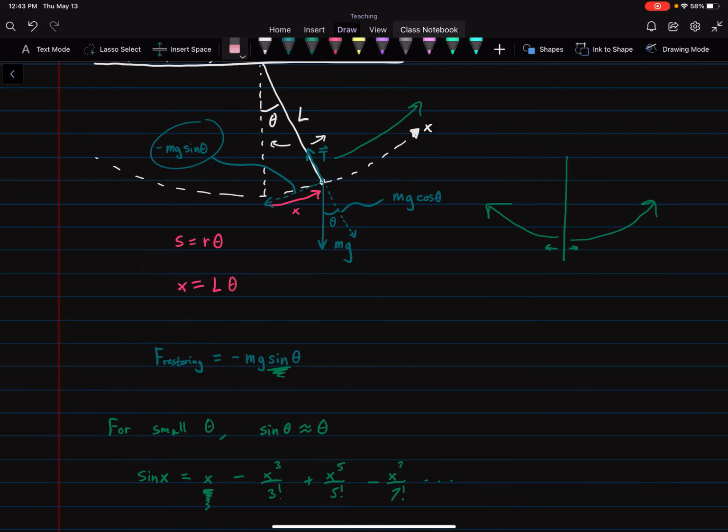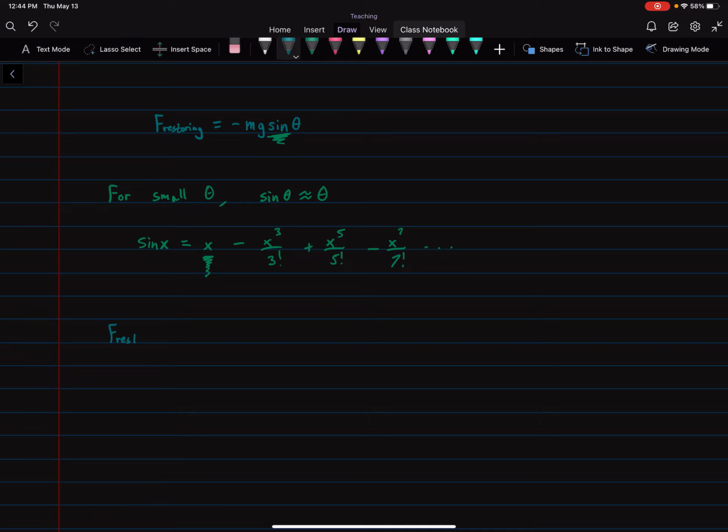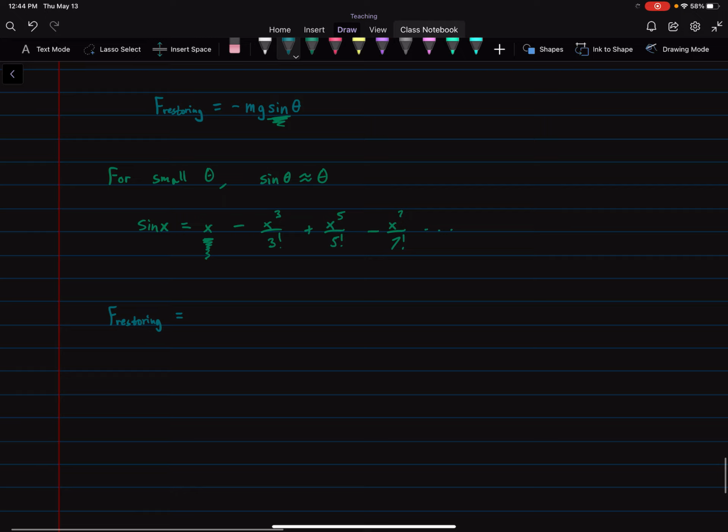So going back, if we rewrite the restoring force assuming small theta and this small angle approximation, then our restoring force, go back to blue here, is equal to negative mg theta.